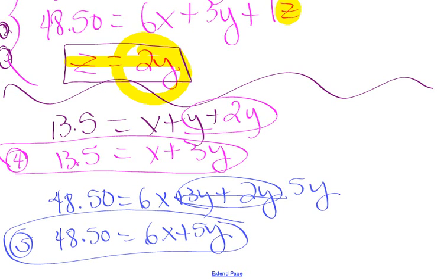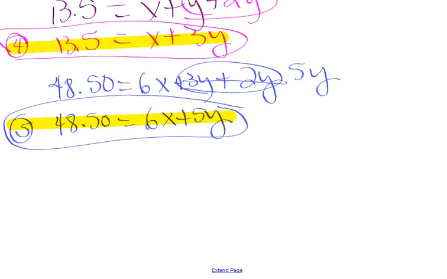So now we've got one variable eliminated, and now we're down to 2. So we have equation 4, 13.50 equals x plus 3y, and equation 5, 48.50 equals 6x plus 5y. Now we're going to combine those two and eliminate another variable.